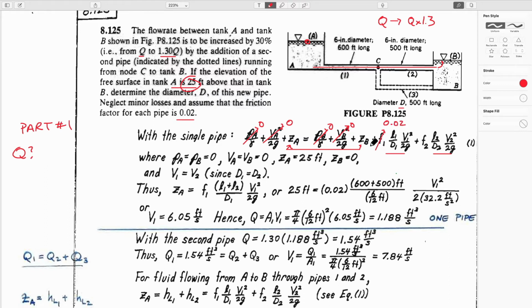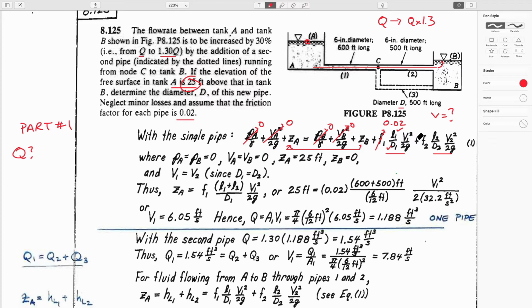A good number, right? 0.1 and 0.01 is the kind of range on our Moody chart. We know the length of this circuit, 600 feet. We know the diameter. We can use this as an unknown variable, so we don't know the velocity. But we do know that the diameter of this and the diameter of this are the same. So from continuity, Q1 equals Q2, and so the velocities have to be the same.